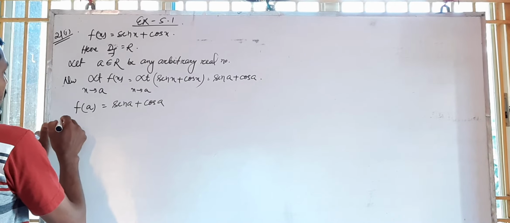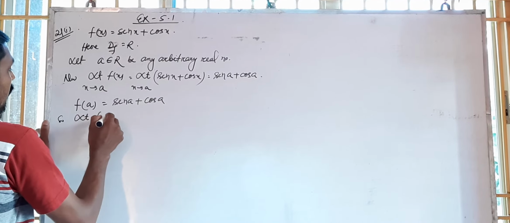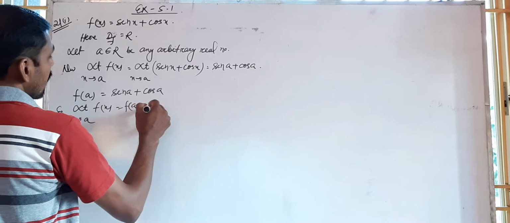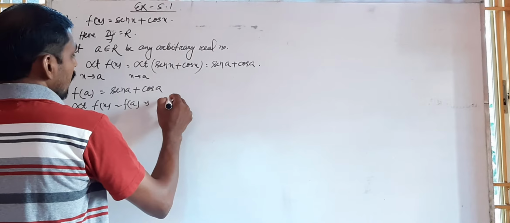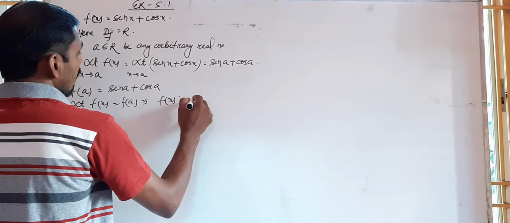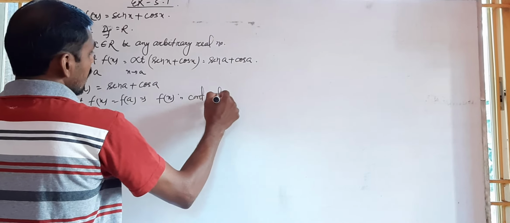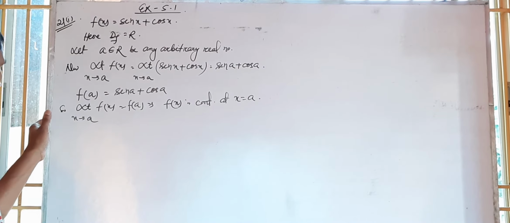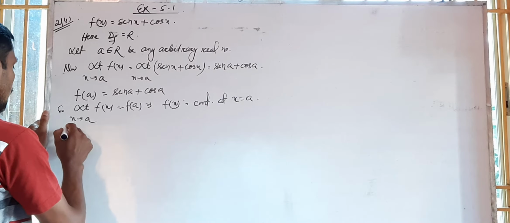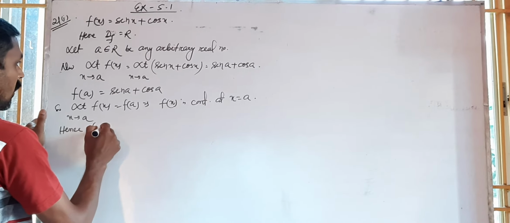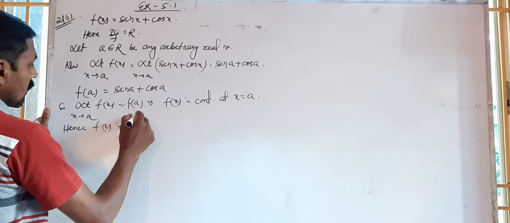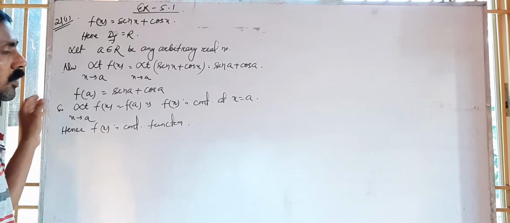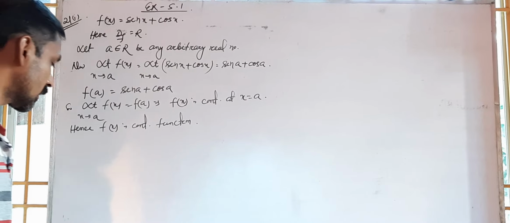So the limit of f of x as x tends to a is equal to f of a. This implies f of x is continuous at x equal to a, and we have taken a as any real number. That means f of x is a continuous function because it is continuous everywhere. So you can solve the other two bits.